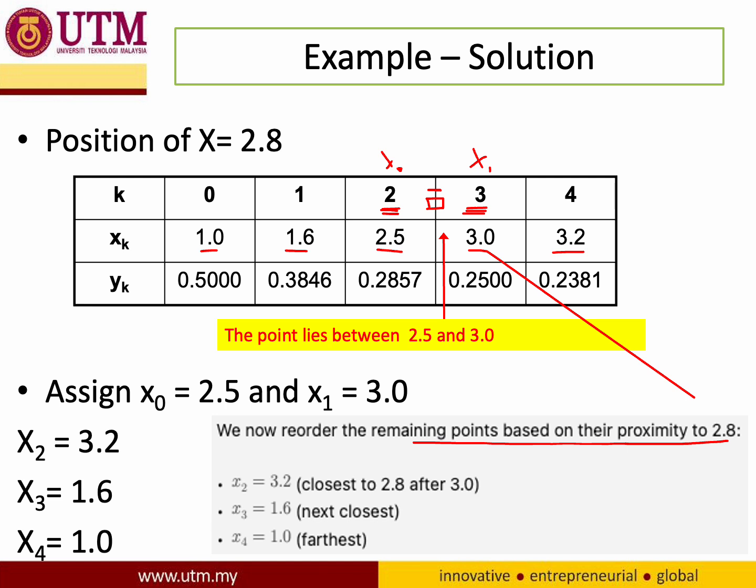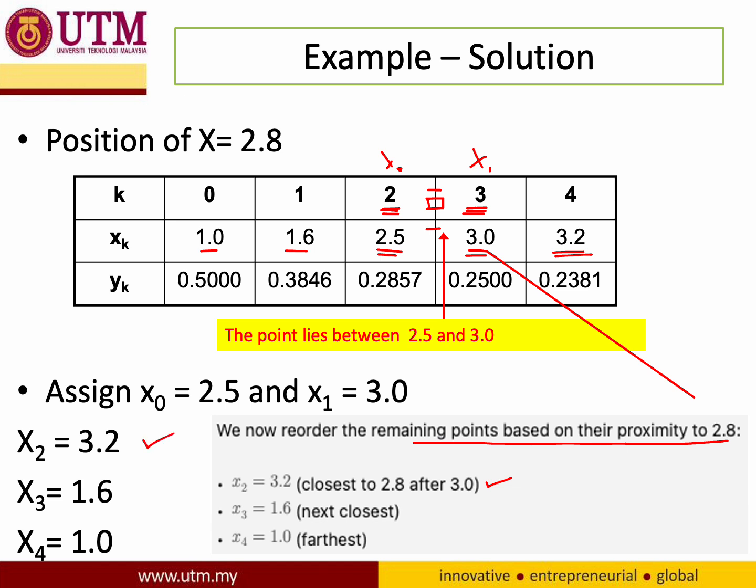If you do the math, 3.2 will be the closest after 3.0. Because 2.5 and 3.0 are 0 and 1, we need to find number 2, so we find the closest one. The closest, of course, are 2.5 and 3 because they are in the middle here. The next closest is 3.2, so 3.2 will be our x2.